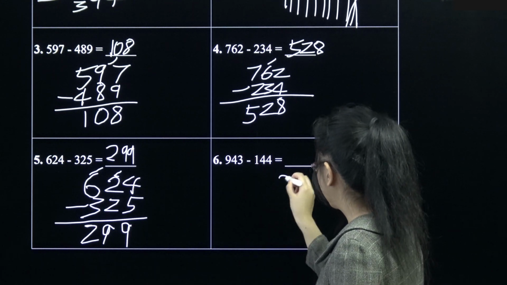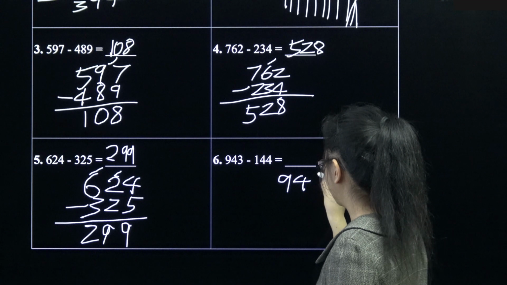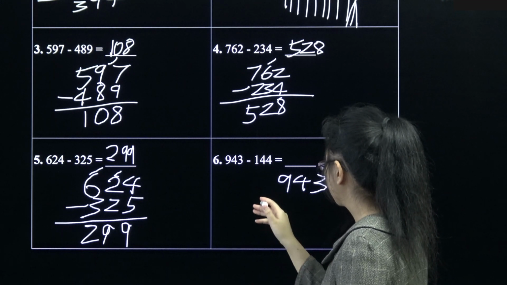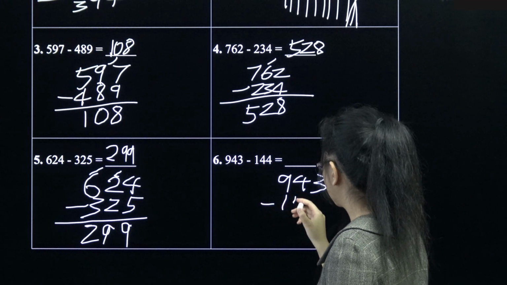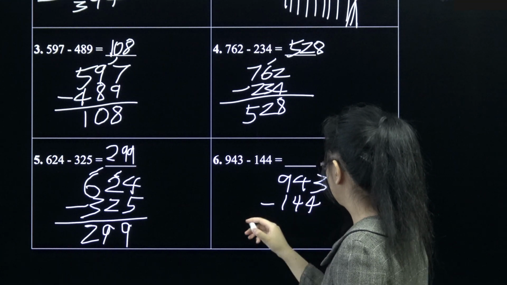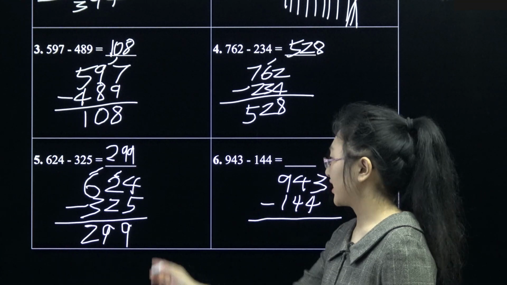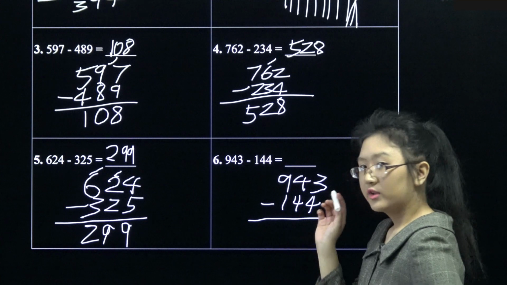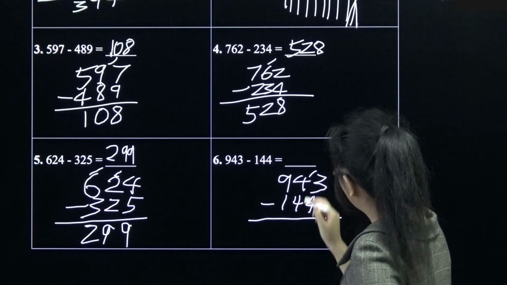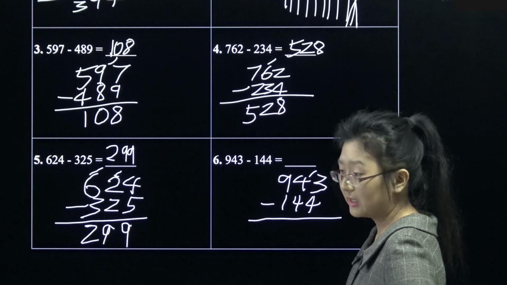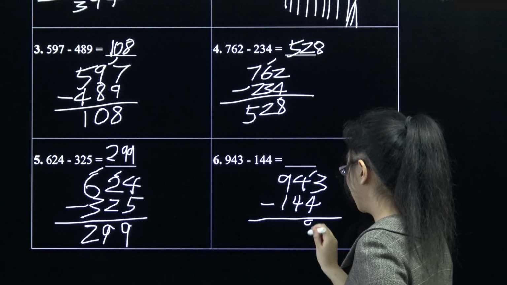Now here, we get 943 minus 144. Oh, it's exactly like that one again. 3 minus 4 doesn't work, so we regroup, and that'd be 13 minus 4 equals 9.